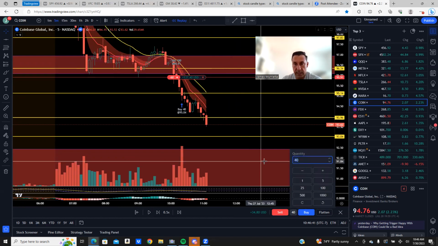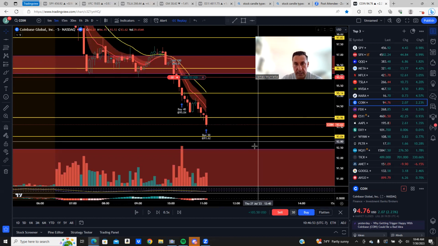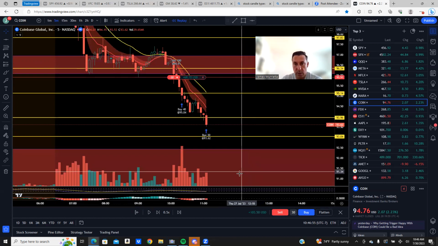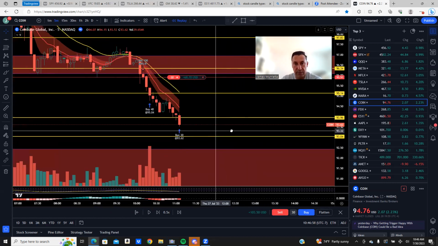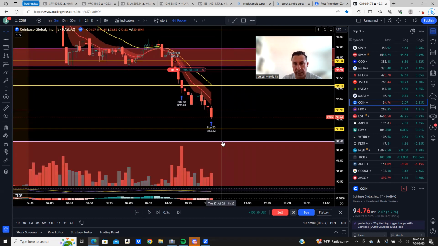Let's take another 30 off, so we got 60 right now. Then let's let these runners play out and see if we can get into our main price target of this demand area.